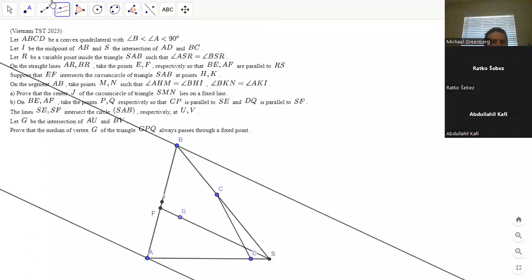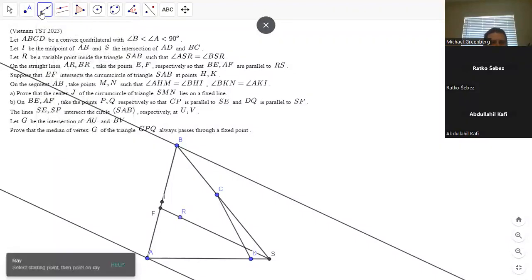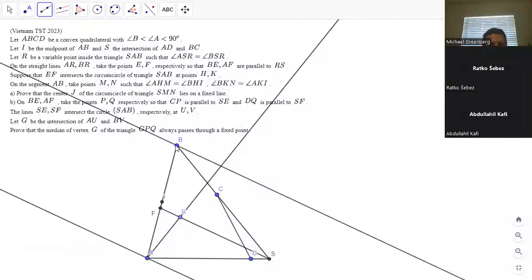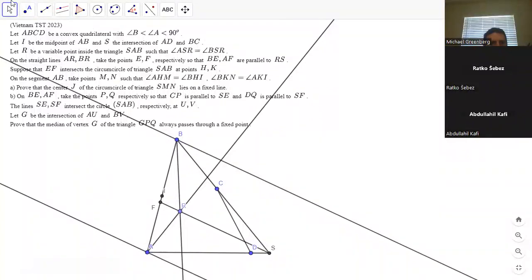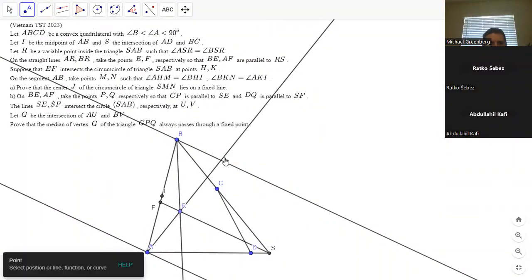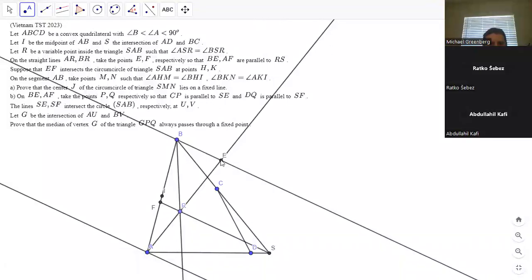Yeah, isn't this a long problem? This is very long. AR, BR. Will be interesting to see what it looks like in the end.